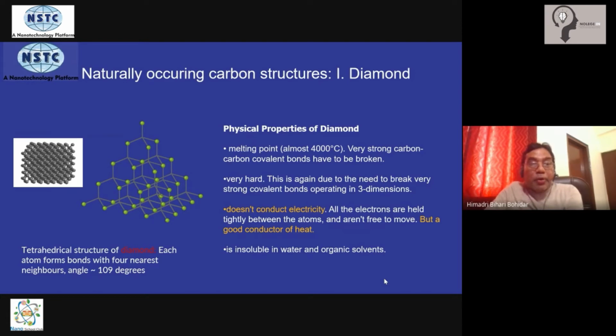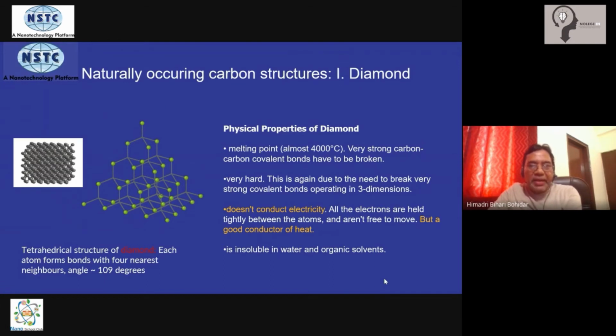Okay, now look at the geometrical structure that is shown in the middle, and you see that each tetrahedron is connected to the next one, to the next one, to the next one, and all the bonds are saturated. All the 4 binding sites or the 4 corners where bonding possibility is there, that is all saturated.